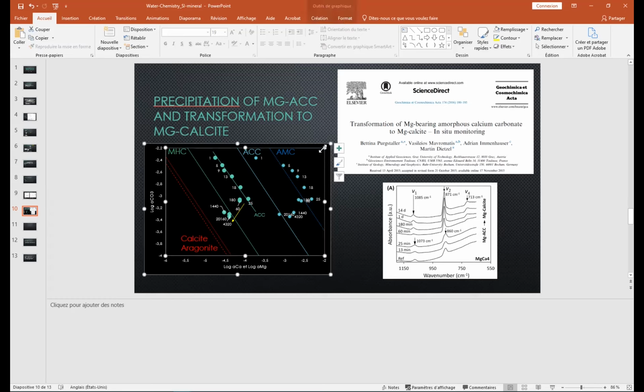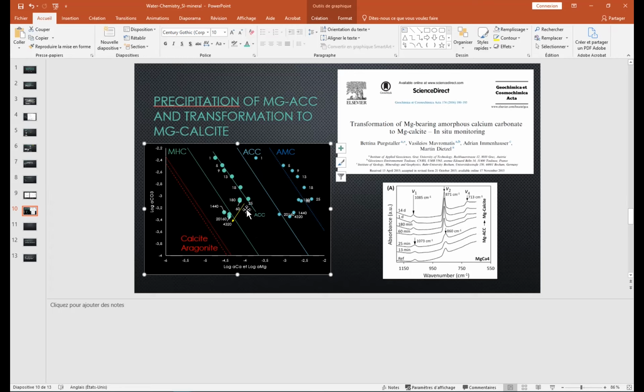And when I plot those data in the solubility diagram I showed just before, you can also follow the same reaction of producing ACC from T1 to 25 minutes. And then when it turns to magnesium calcite, you can see that the solution is no longer in equilibrium with ACC.